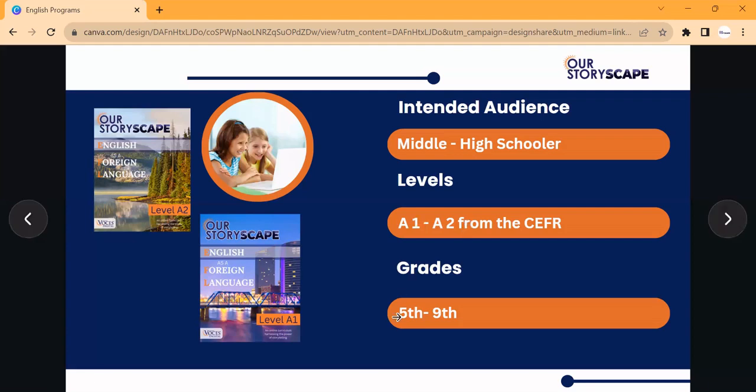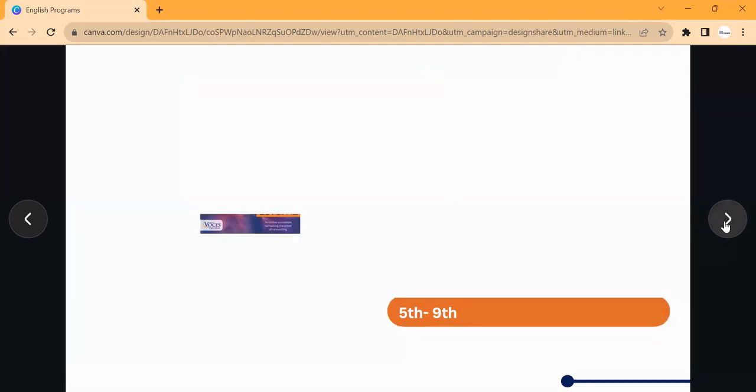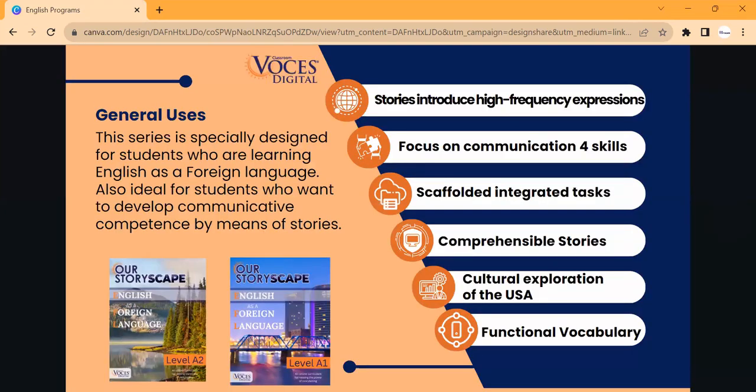You can use it with grades 5th to 9th. This is a recommendation, but older students have also used and are currently using our series, so it's up to the teacher.